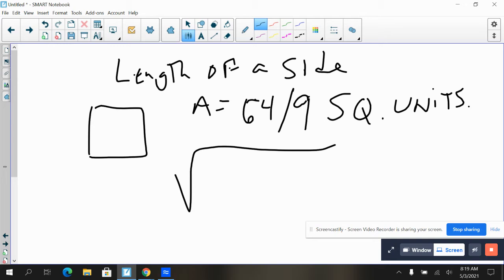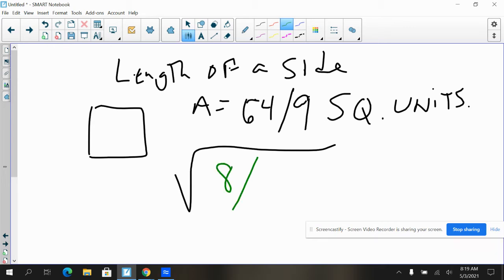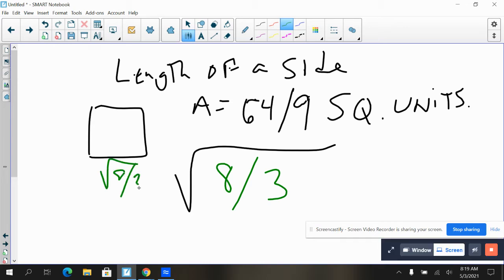What's the square root of 64, Brady? That would be 8. The square root of 9, Kayon? That would be 3. That means that each side is 8 divided by 3.